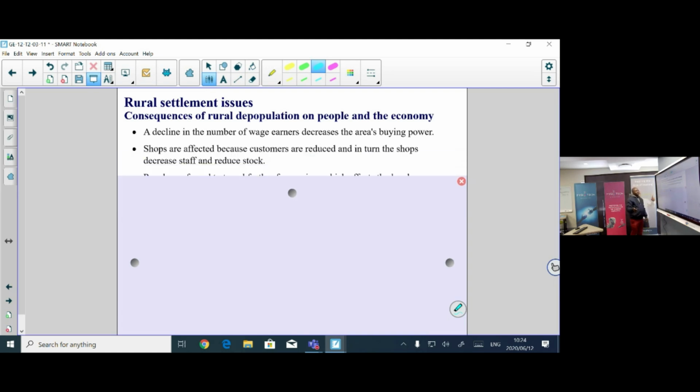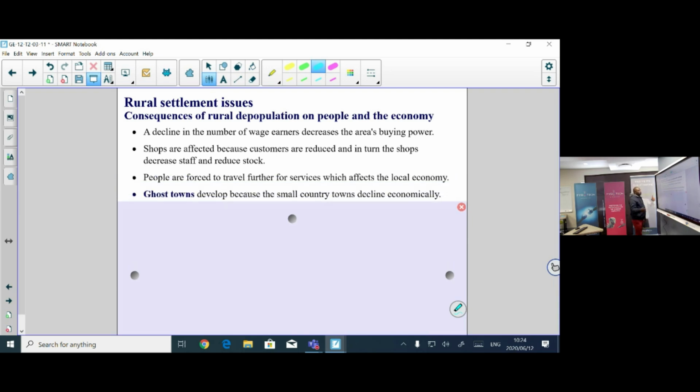Shops are affected because customers are reduced, and in turn the shops decrease staff and reduce stock. People are forced to travel further for services, which affects the local economy. Ghost towns develop because small country towns decline economically. Property values fall and people become stuck.